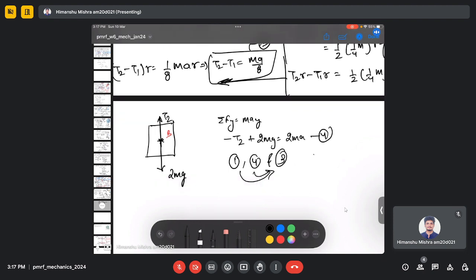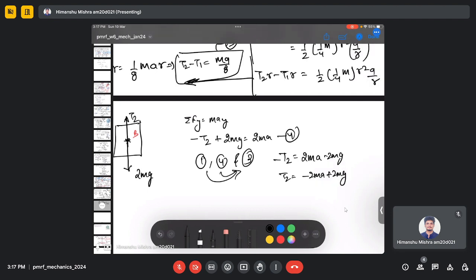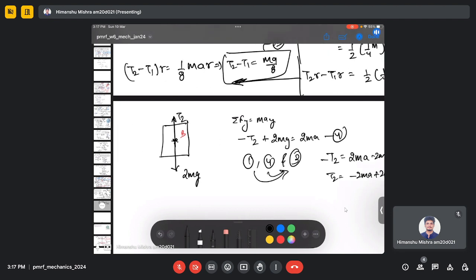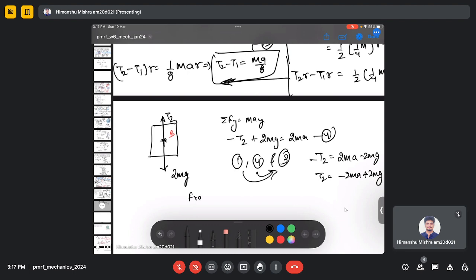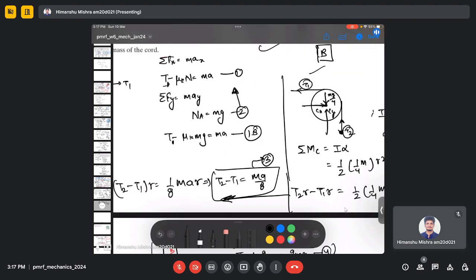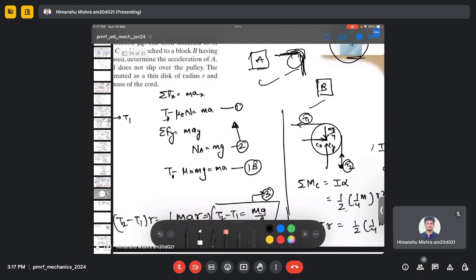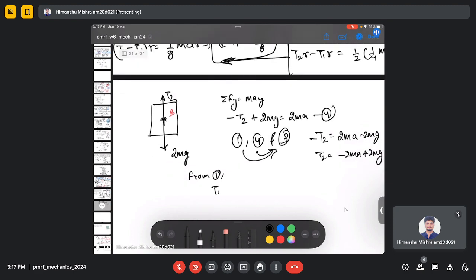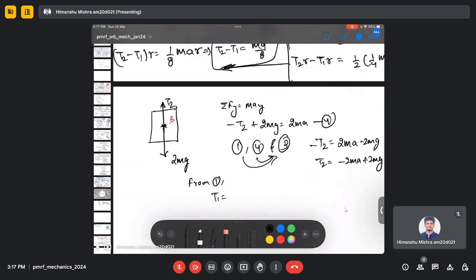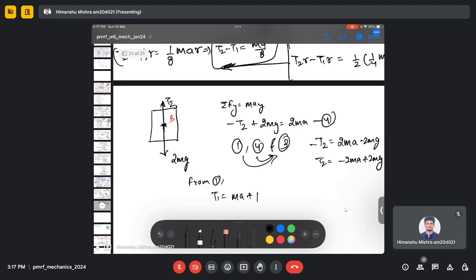So from equation 4, we will have T2, and from equation 1, we have T1 equals mA plus mu K mg.